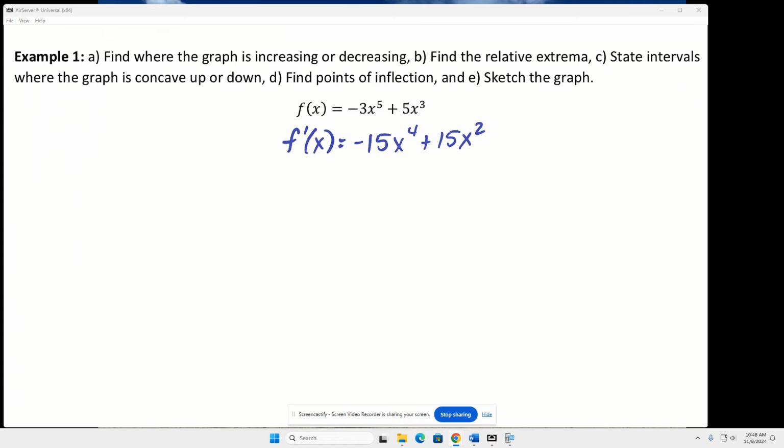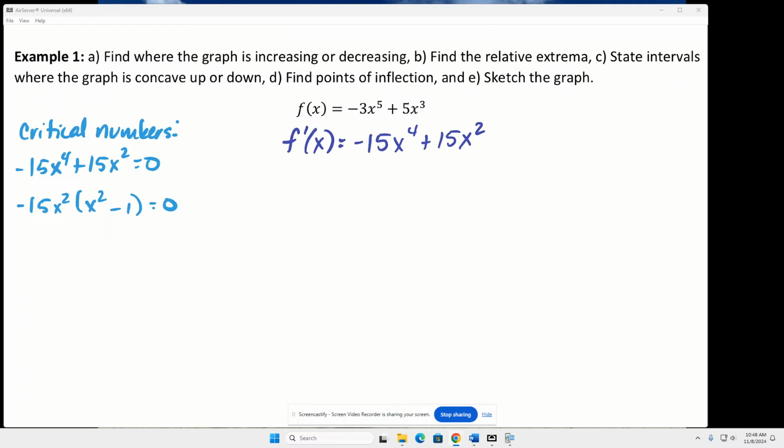From this derivative, we need the critical numbers. I'm going to keep factoring this. We can find the critical numbers without factoring it, but it'll make it a little easier for us later if we factor it.